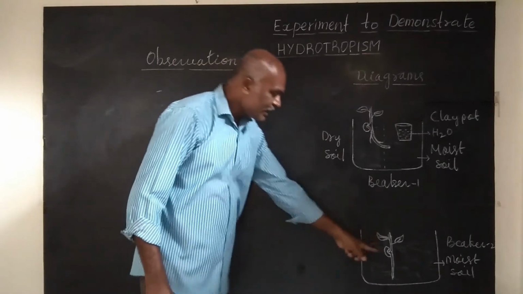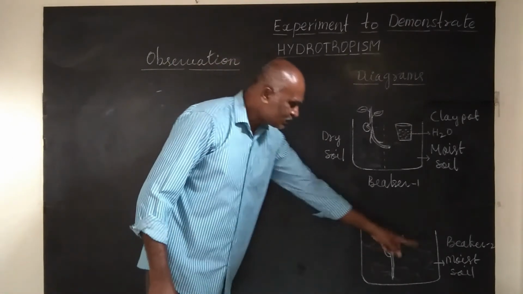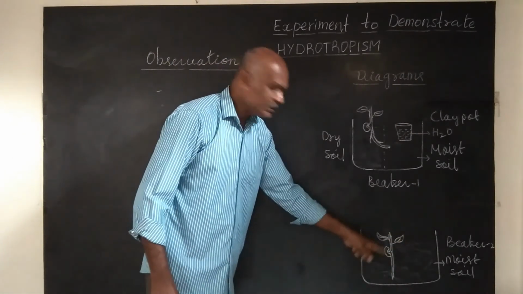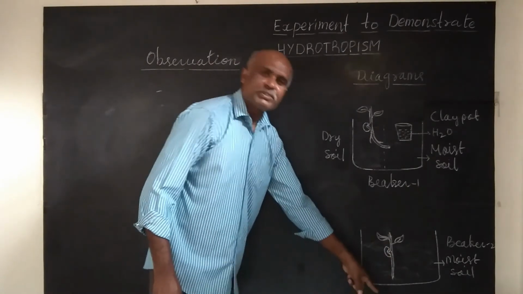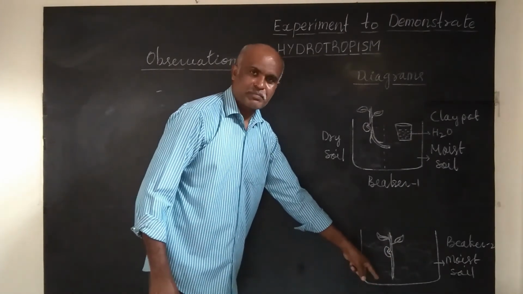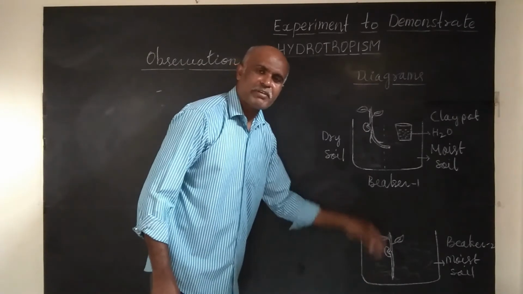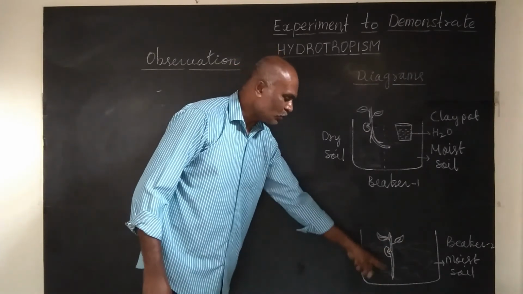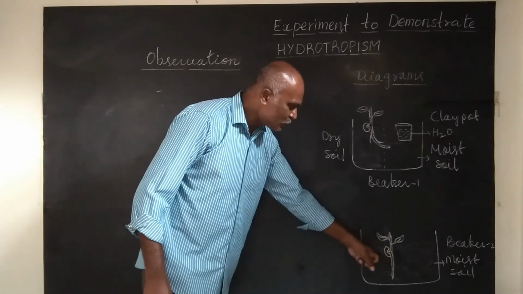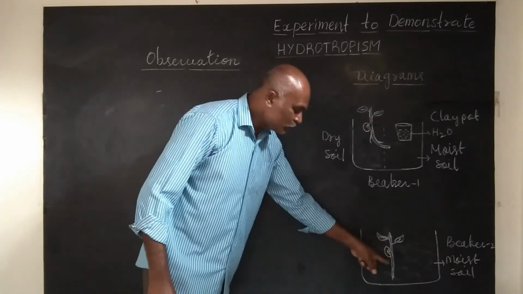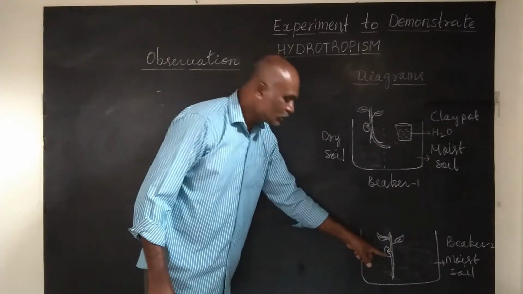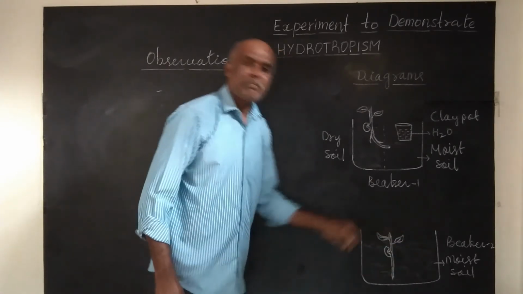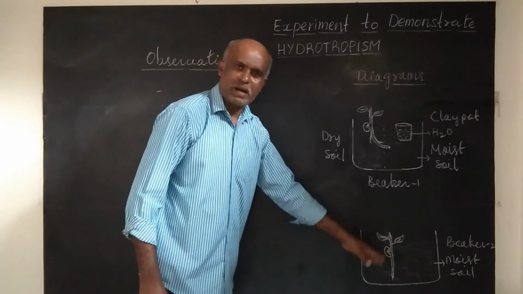And here in beaker 2, as the complete soil is moist, roots grow downwards. That is geotropism, towards gravitational force. In beaker 2, roots don't show any curvature, which means roots don't bend because the complete soil is moist.